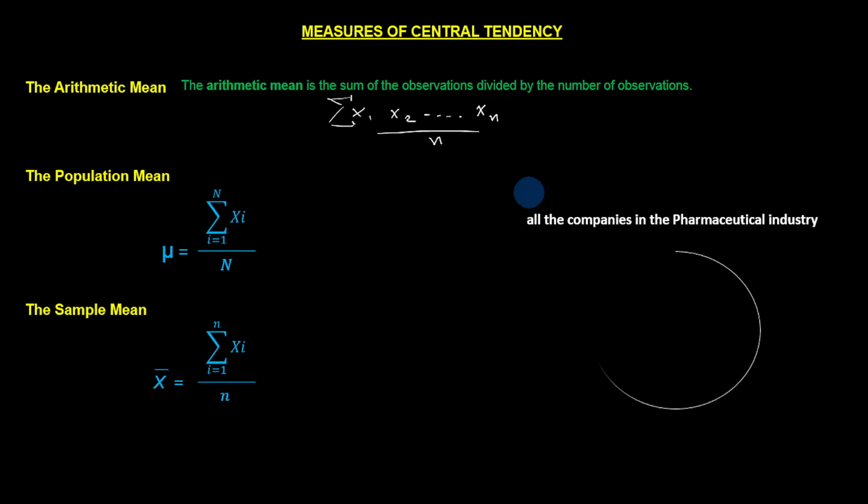Now, as for the samples, let's say this is your whole population, all the companies in the pharmaceutical industry. Let's say for some reason you couldn't gather all the information, so you wanted to take a sample. Let's say you take a sample from here, so you analyze this one. Let's say you took 30 of them, right? Again, you find out the returns on those 30 companies, you add it all up, and then divide by 30 because your sample is 30, so you divide by the total number.